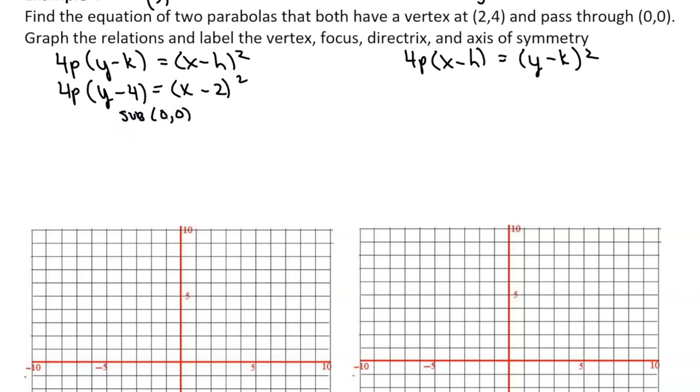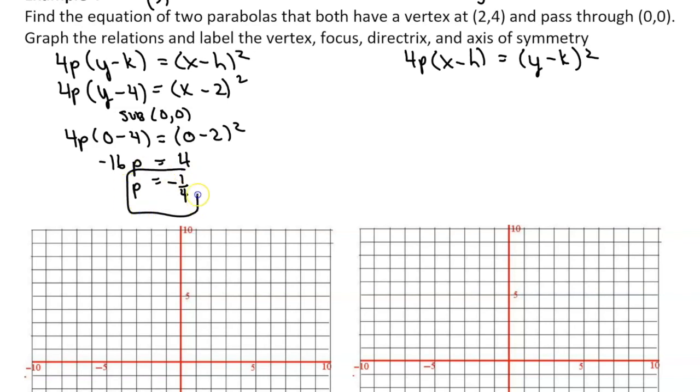So we can sub in 0, 0 for x and y. And if we do that, we would get -16p equals 4. So our p-value will end up being -1/4. So we have our p-value isolated right here.